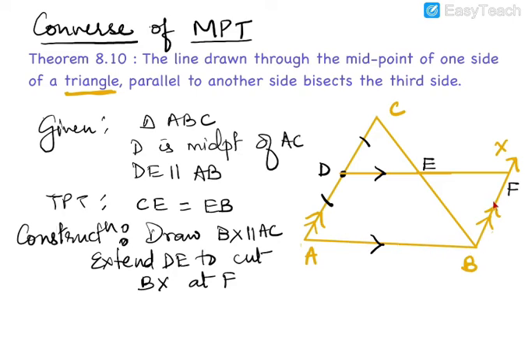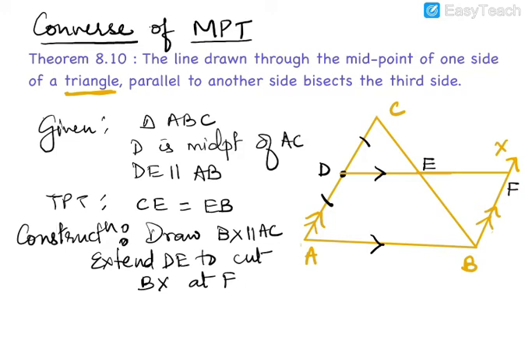That means ABFD is a parallelogram. Using the properties of a parallelogram, we can say that the opposite sides are equal. So this implies that AD is equal to BF. But AD is also equal to DC because D is the midpoint, which is given. So this implies that DC is equal to BF.